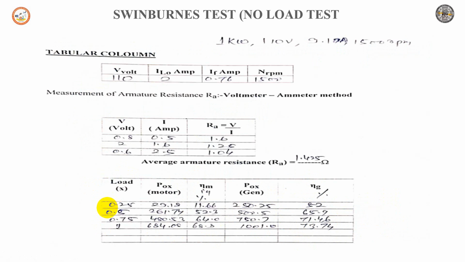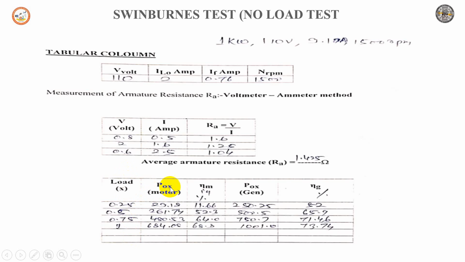Taking certain readings, these are the no load values which are taken: V, I0, IF, and speed at 1500. This is the RA value. By varying RA and calculating V and I, we can calculate the RA value and take an average of it for our calculation, the RA average value.